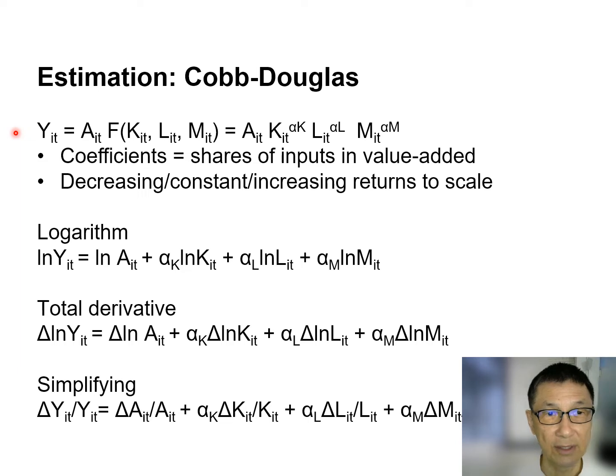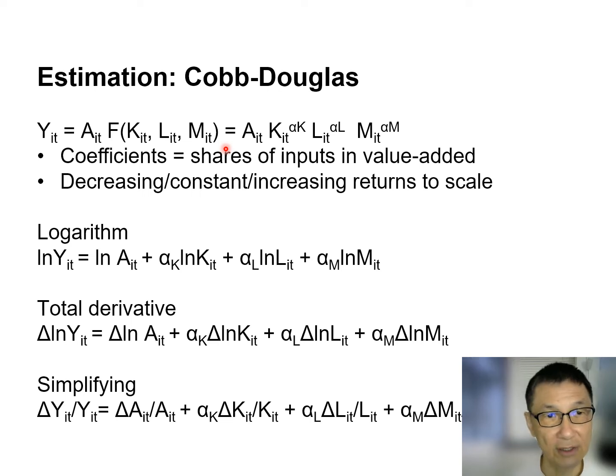This equation describes the Cobb-Douglas production function. Y, output, in unit i and period t, is a function of A subscript it, where A is the measure of total factor productivity, and the production function.